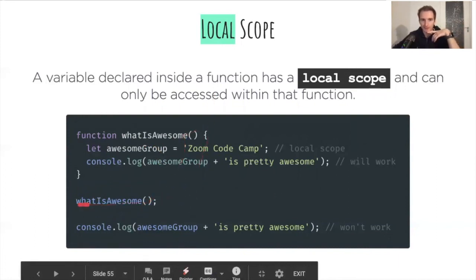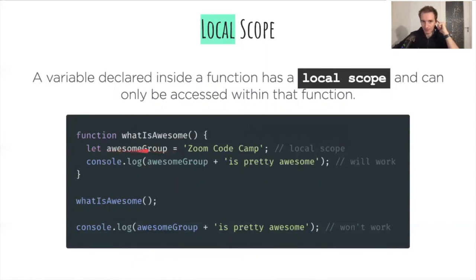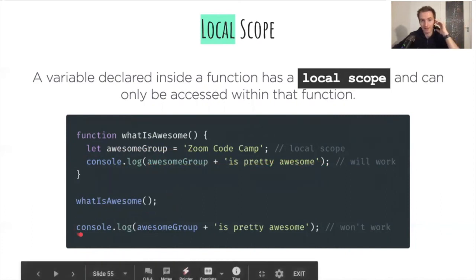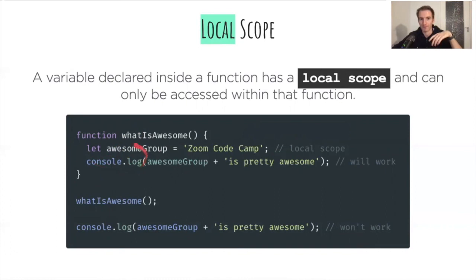JavaScript bounces up to the start of the function, creates a new variable called awesomeGroup, and console logs the message. That's okay. But in the line below, we're trying to access the variable awesomeGroup, and JavaScript can't see inside the function to find the variable we created. This variable only exists inside these curly braces.